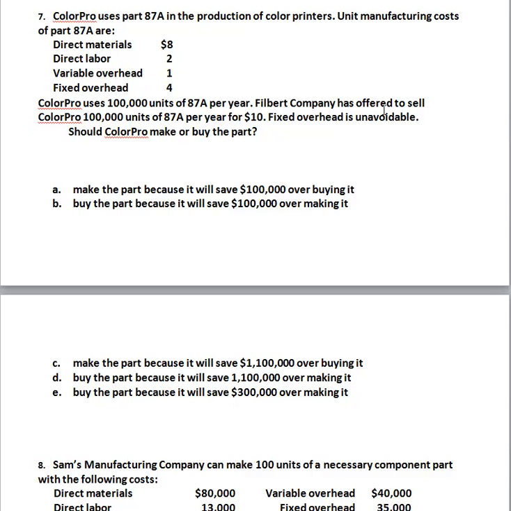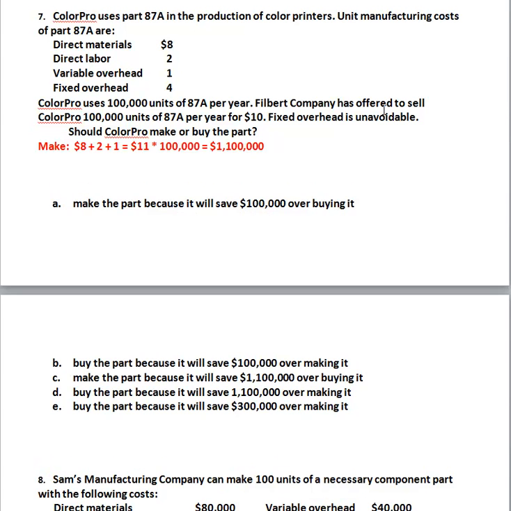So if we look at the relevant costs to make, they are going to be direct materials plus direct labor plus variable overhead. So your relevant cost to make is $11 a unit. You have 100,000 units, so your relevant cost to produce the component is $1,100,000.